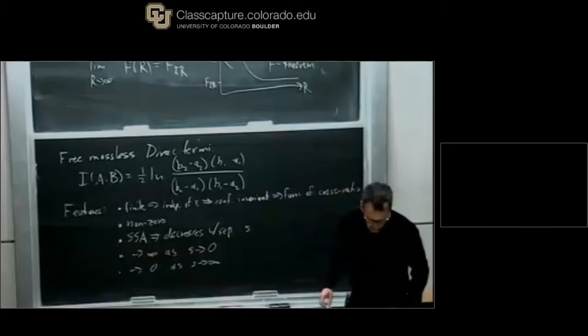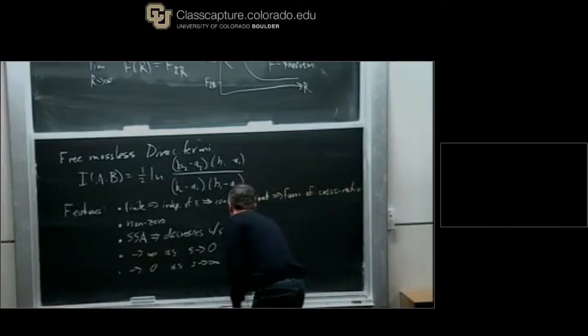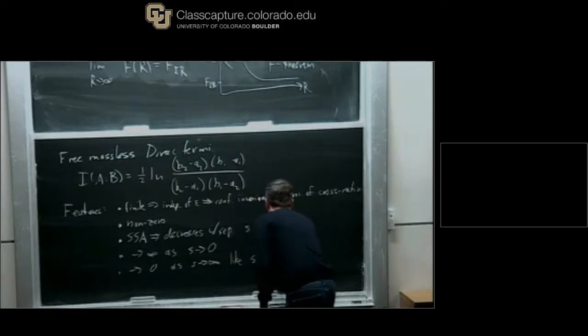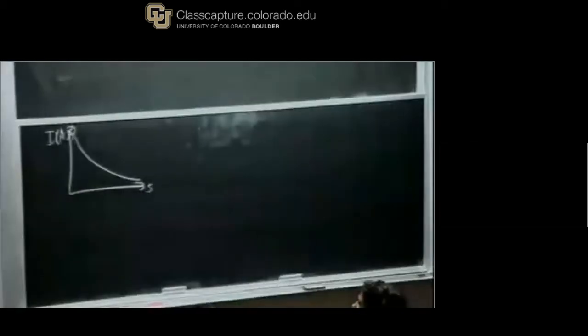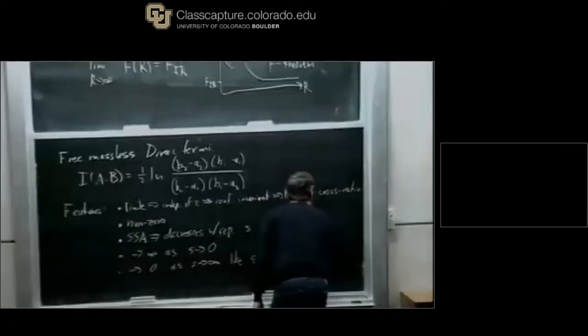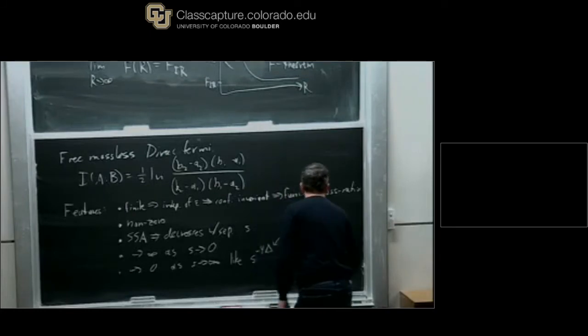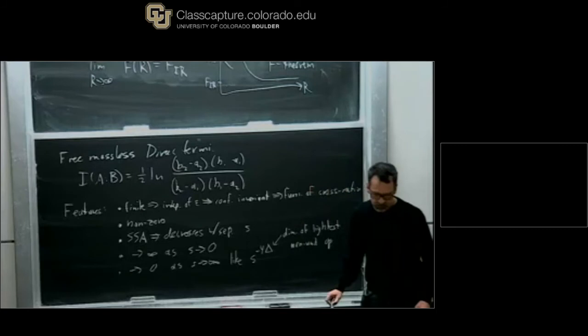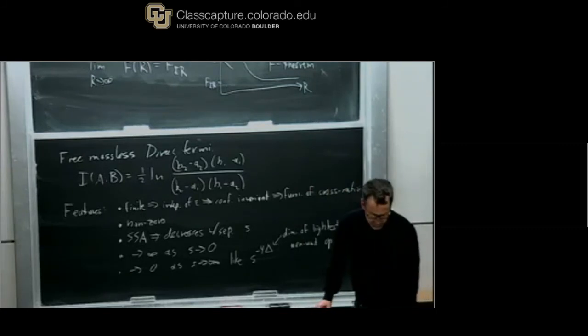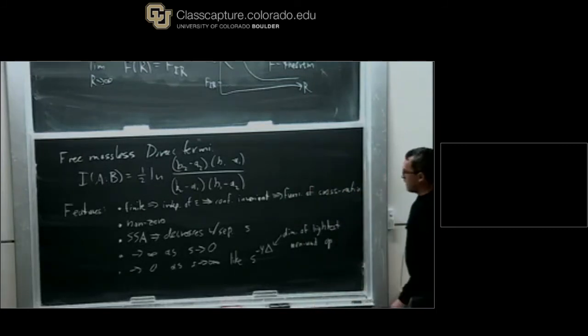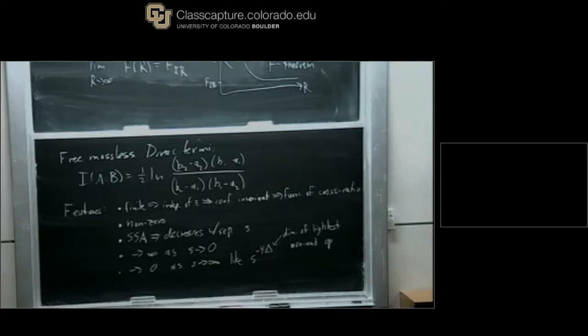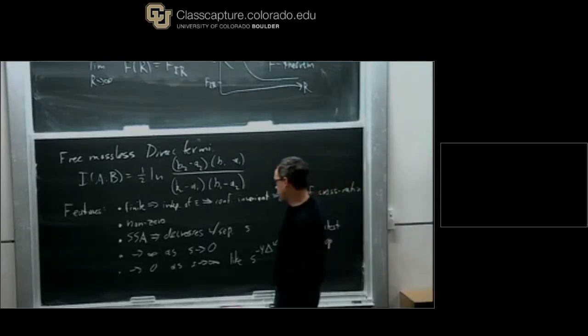You can check the power of S. It goes like S to the minus 4 delta, where delta is the dimension of the lightest non-unit operator, which in this case is a half. And you can prove that all of these hold.